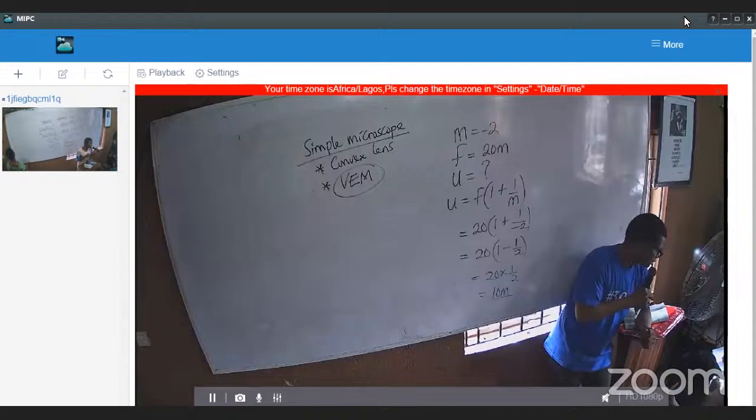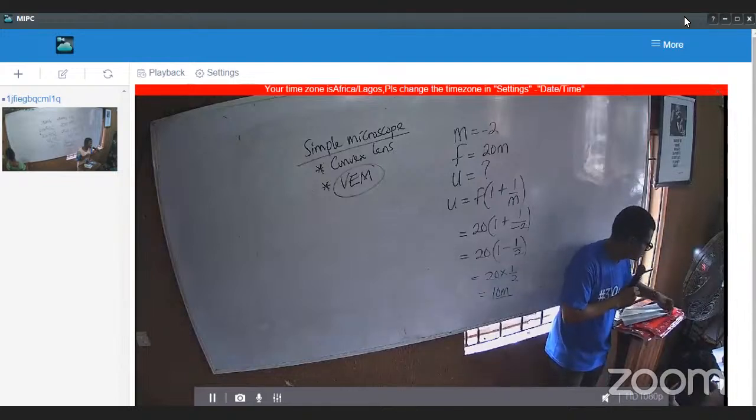Option C, greater than F but less than 2F.